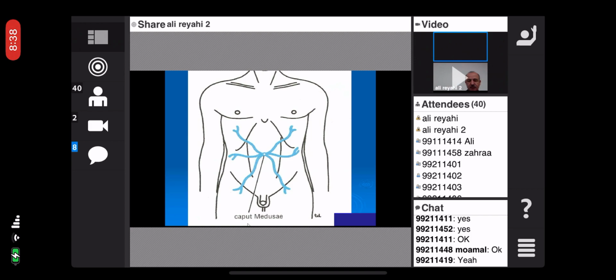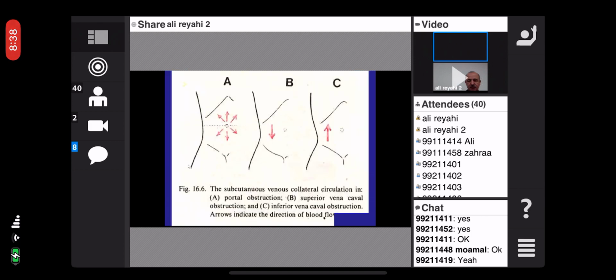Clinically, it's called the caput medusa pattern. And here you can see the venous collection of the superficial vein around the umbilicus.